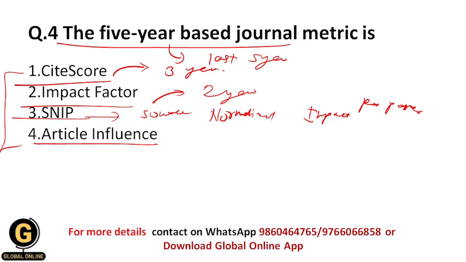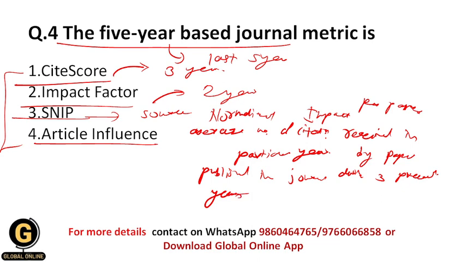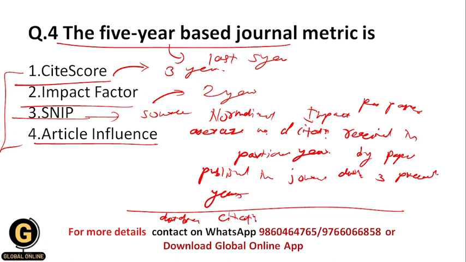Basically, this is the ratio of the average number of citations received in a particular year by papers published in the journal during 3 preceding years to the database citation potential, that is DCP.